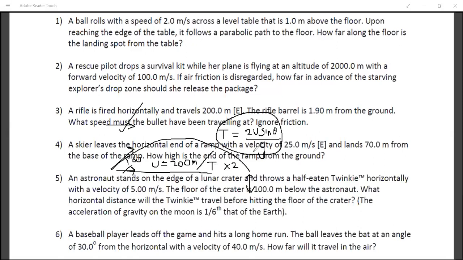Sir, but then where is u, sir? 2u sine theta upon g, that is your time of flight formula. Sir, but I'm asking what is the value of u? We know g, we know sine. So you need to substitute the t value over here.